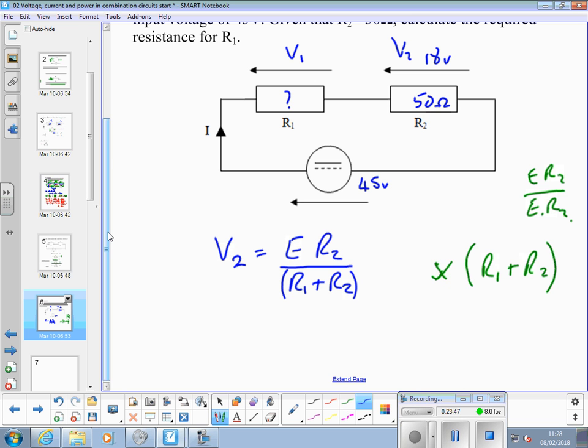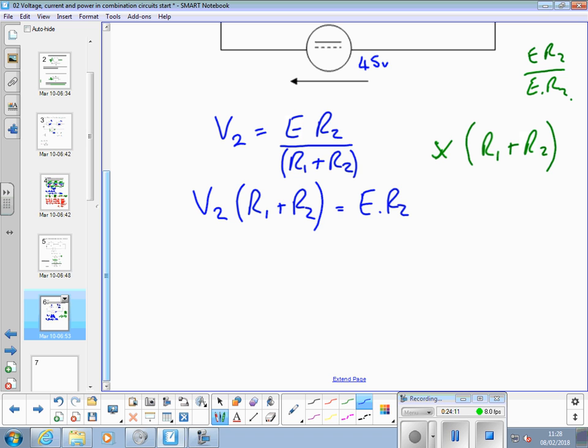That's V2 times R1 plus R2 equals E times R2. V2 R1 is equal to E R2.